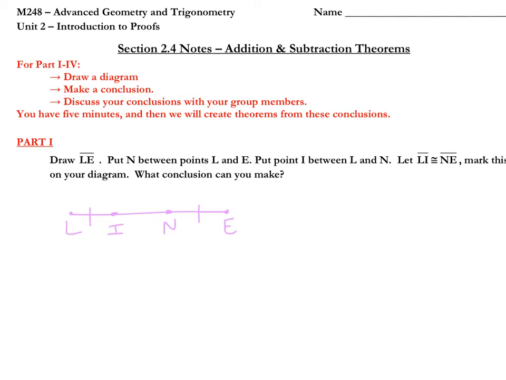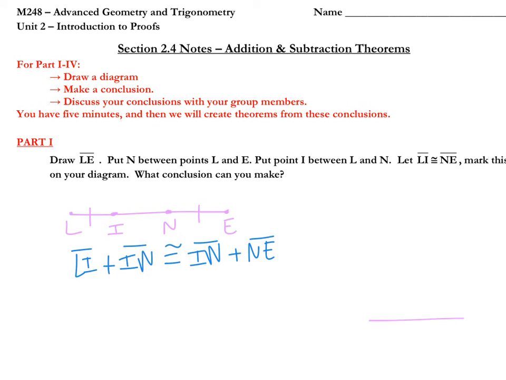And there it is. The conclusion that we can make is that if we take segment LI and add it to segment IN, that's the same thing as IN plus NE.